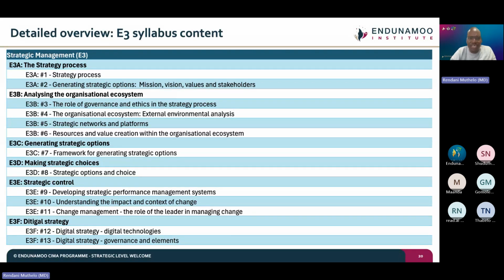The same with E3, section E, strategy control. It's got 3 topics. So clearly those are the dominant things that we need to be mindful of. So this module therefore has 13 topics that we need to make sure we go through.